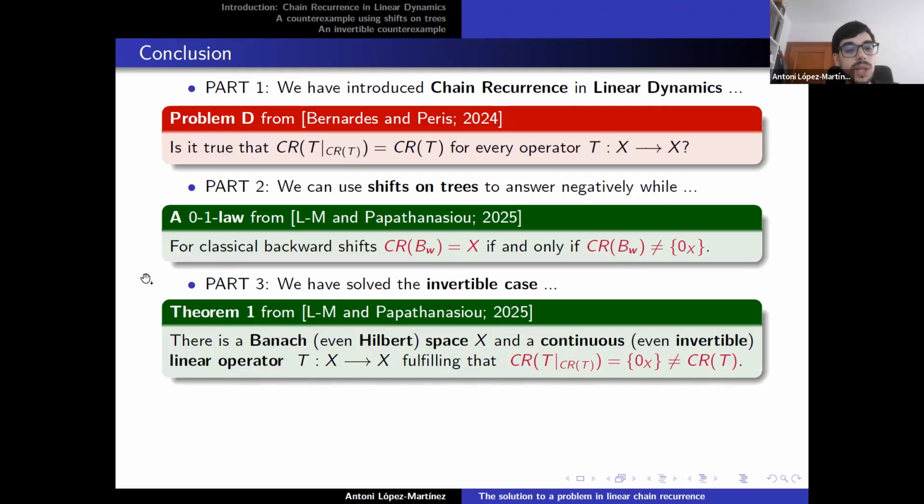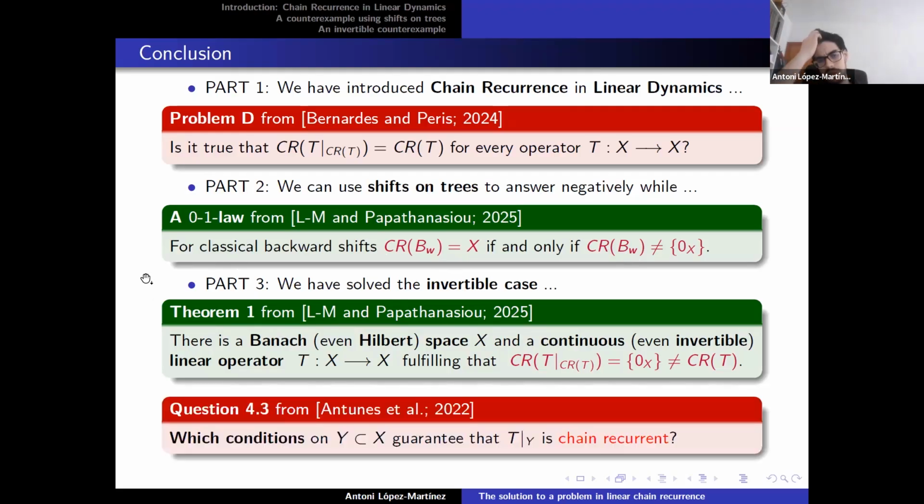So I would like to end the talk by leaving this question from Antunes et al. in 2022. They asked which condition on a subspace Y, a closed subspace, guarantees that the restriction of the operator is chain recurrent. So this is a question that they already had in 2022.